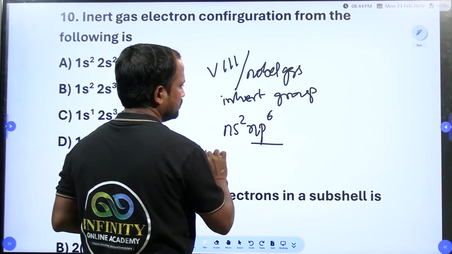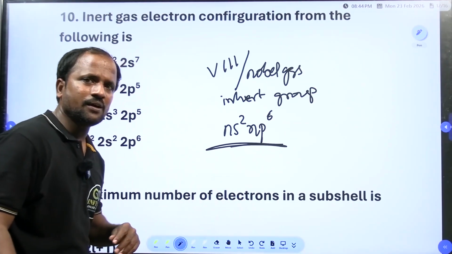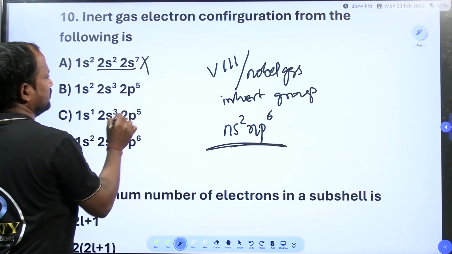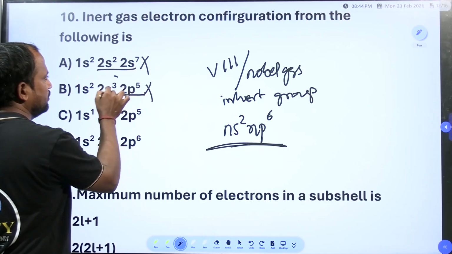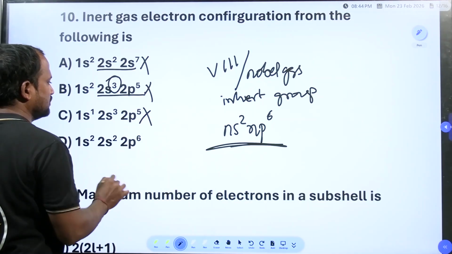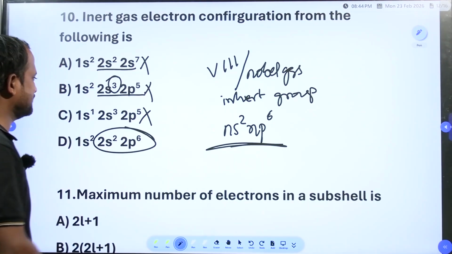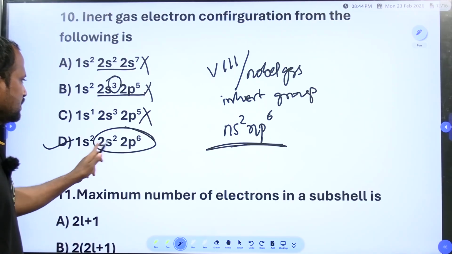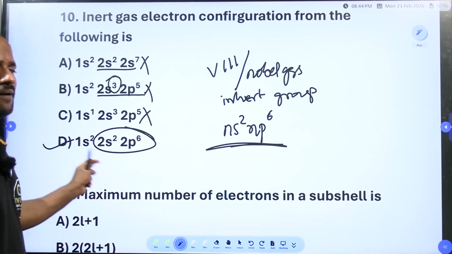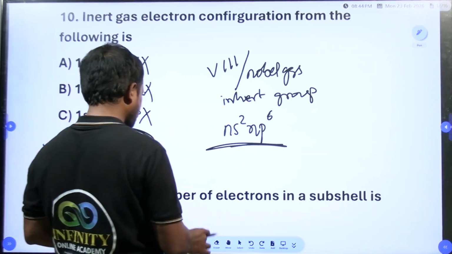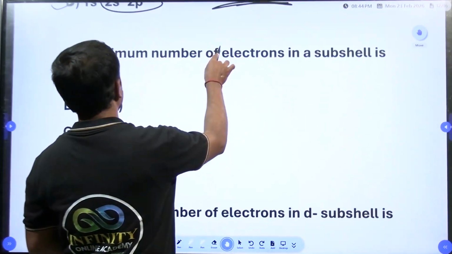This electron configuration is called the inert group. Observe here: 2s2 2p6, and the others, 3s2 and 3s3, are wrong. So D is the correct answer: 1s2 2s2 2p6 is an inert group electron configuration. Okay, we'll see the next question.